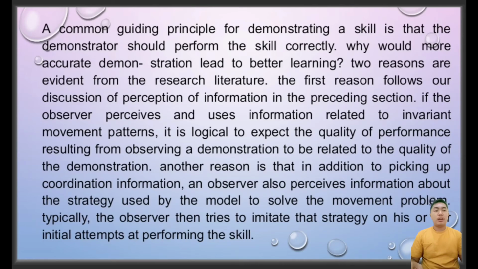So the observer will try to imitate the actions that he or she has seen. So it's really nice if you copy an action or observe an action that is really correct, or where the performer is really skilled in his or her doings.